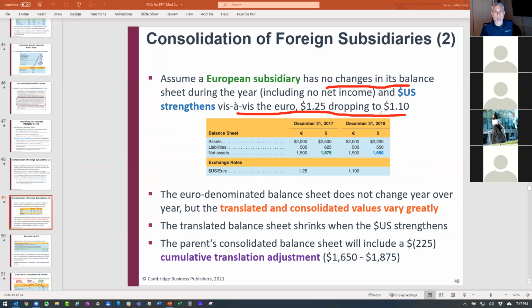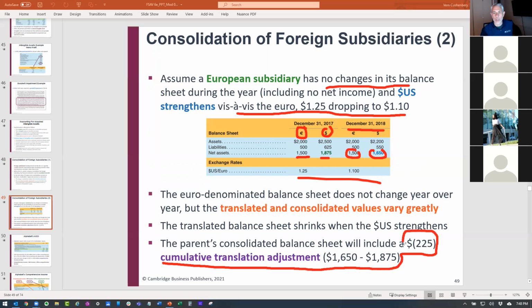Well, if that happens, you're going to see assets and liabilities go from 1,500 in euros to 1,875 in dollars. Now the next year, you have similar assets and liabilities, only you have 1,500 in euros and 1,800 in dollars. There's the exchange rate. That's going to result in a translation adjustment of about, I think it's 225 here.